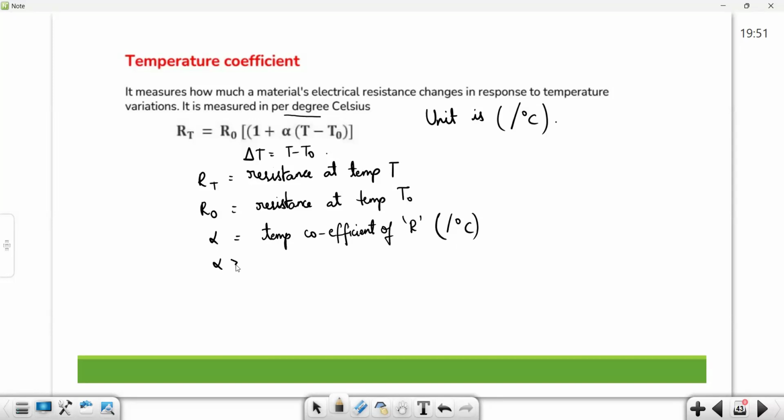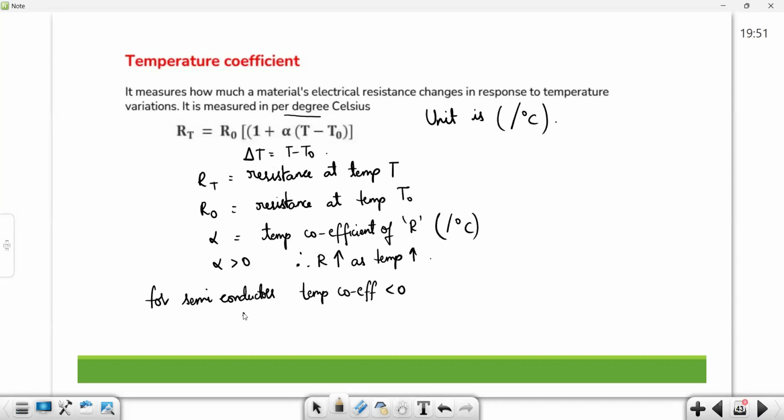Okay. If alpha is greater than 0, resistance increases as temperature increases. For semiconductors, the temperature coefficient is less than 0.